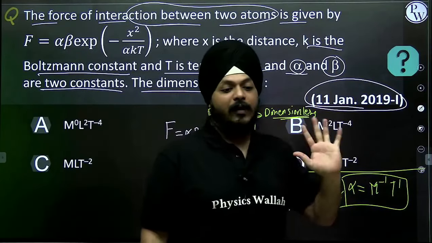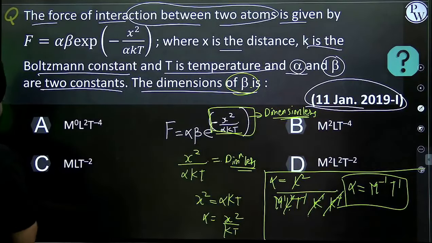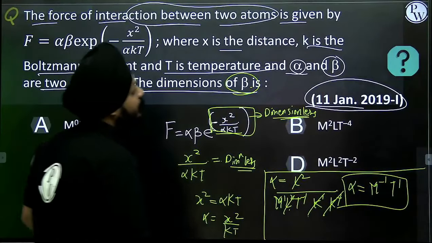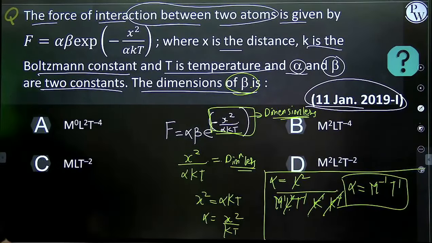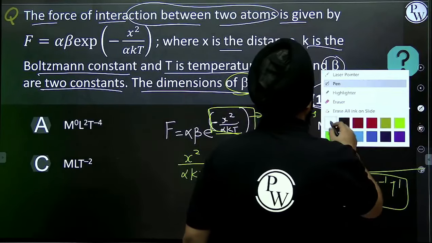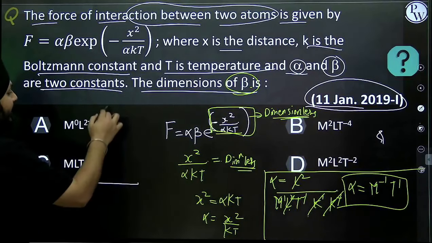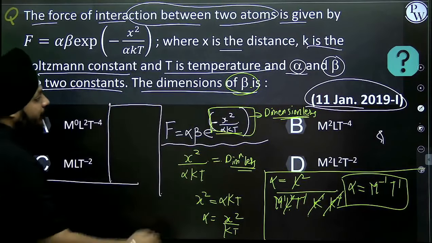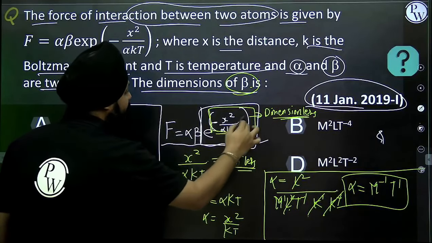So successfully we have evaluated the dimensions of alpha, but in the question we need beta. Suppose I rewrite this term: if e to the power this thing is dimensionless, it means this entire term has no dimension.